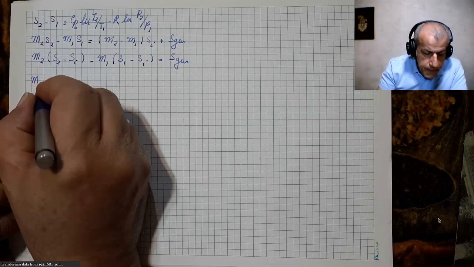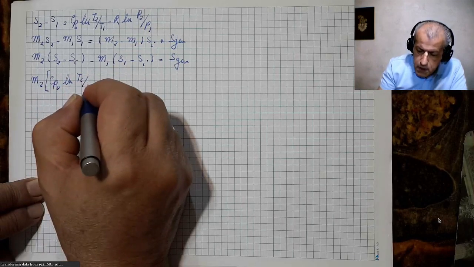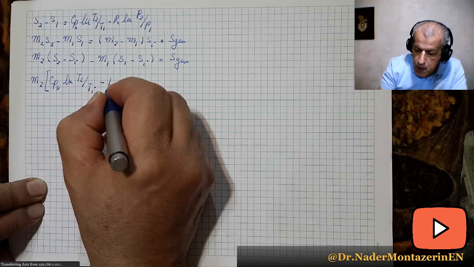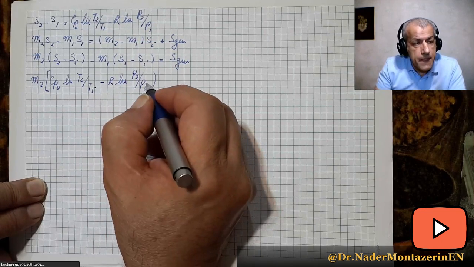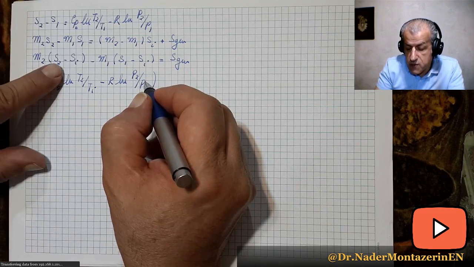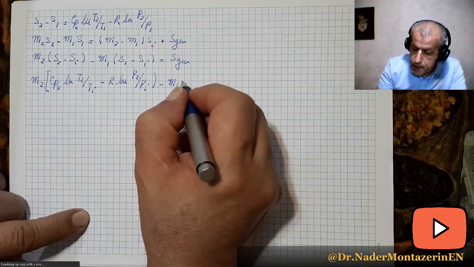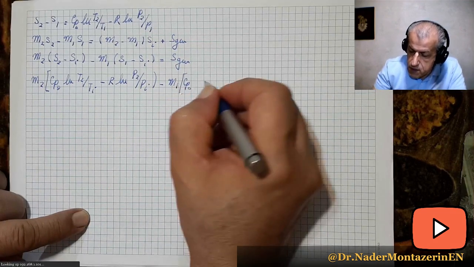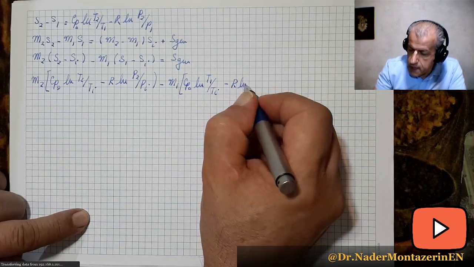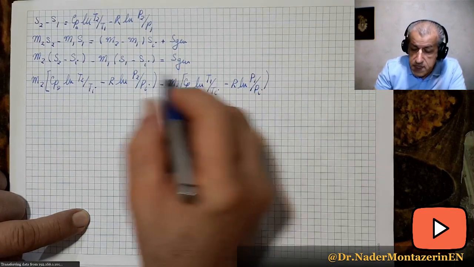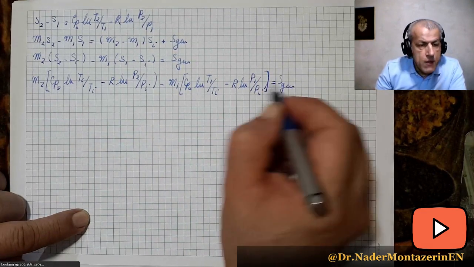It would be M2 times Cp0 ln T2 over Ti minus R ln P2 over Pi, which is in fact this equation written between S2 and Si, minus M1 times Cp0 ln T1 over Ti minus R ln P1 over Pi, which is S1 minus Si, and that equals Sgen.